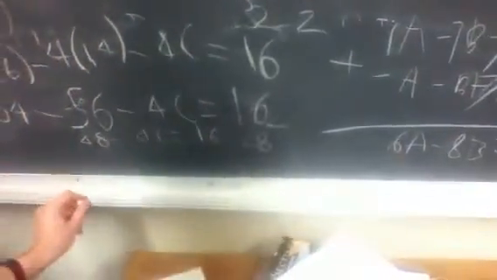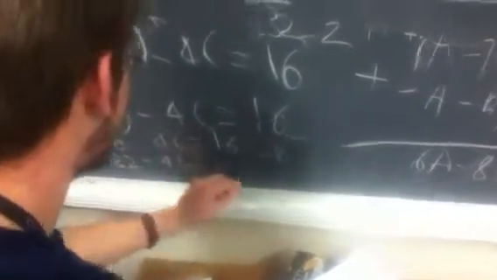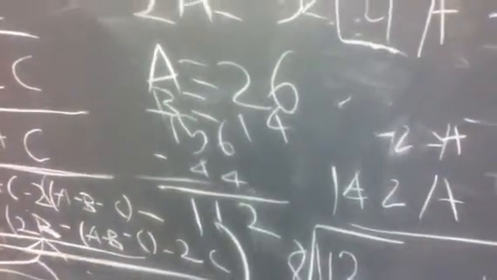Subtract 16 from both sides. 32 minus 4c equals 0. So c equals 8. So I get a equal to 26, b equal to 14, and c equal to 8.